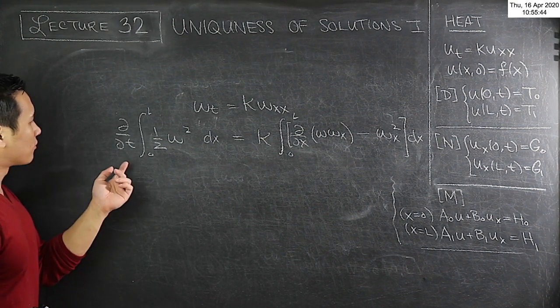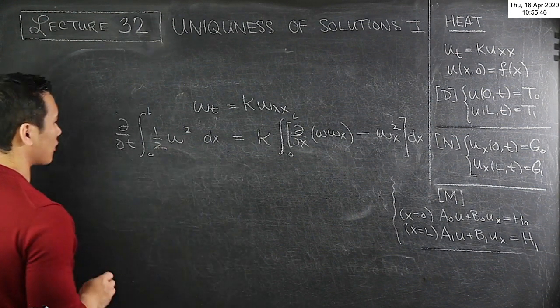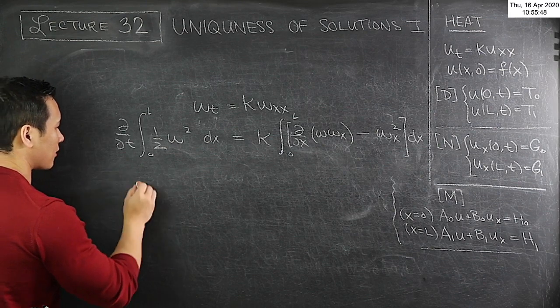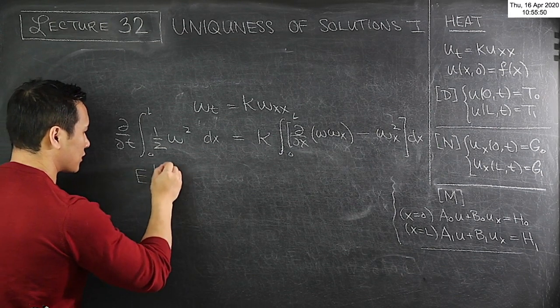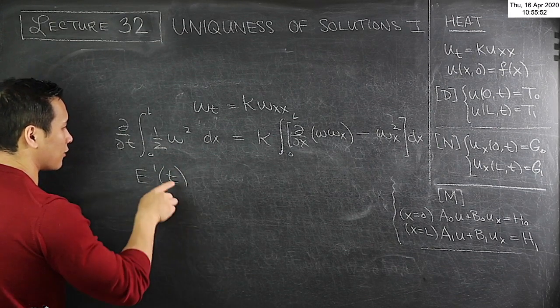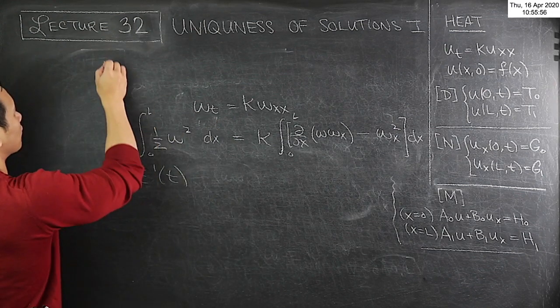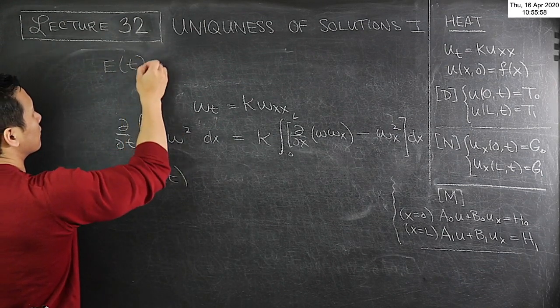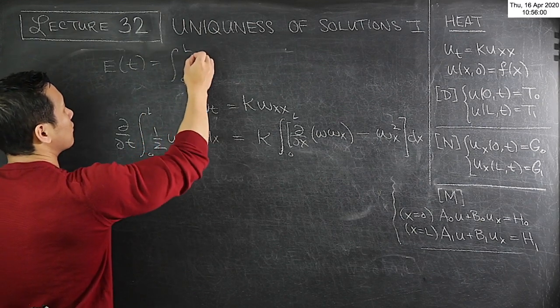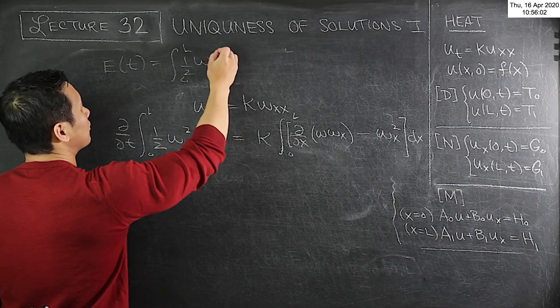And we're going to rewrite this here as E prime of t. So this is going to be E prime of t if E of t is this integral here, so we'll write that at the top: the integral of 1/2 W squared dx.